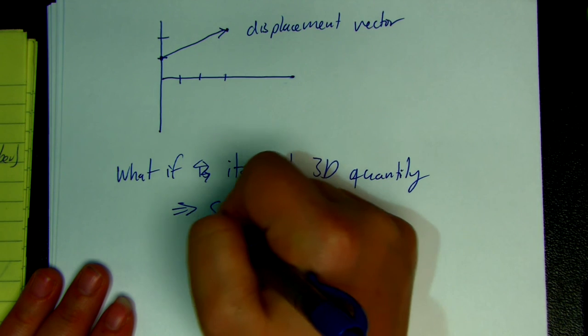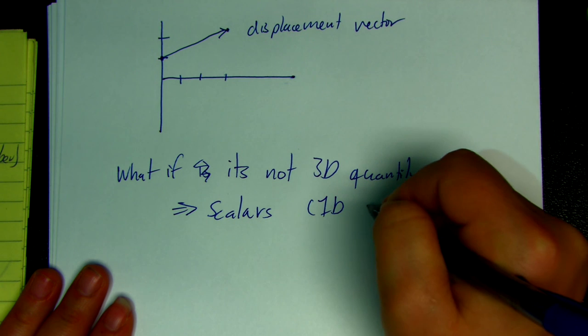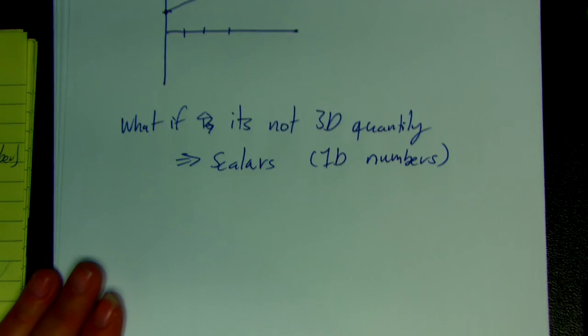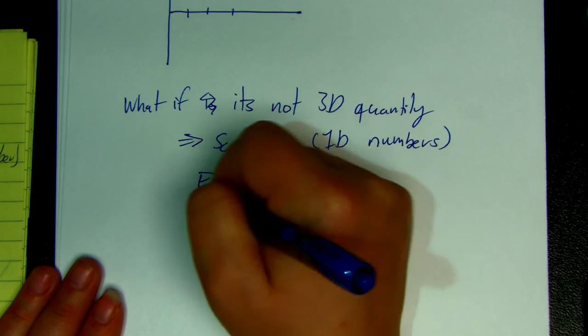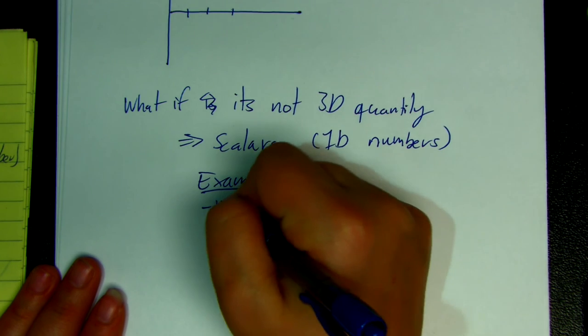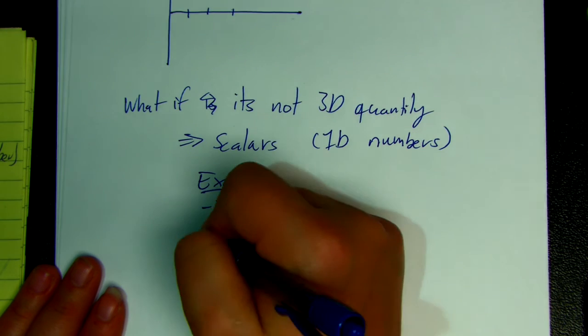Then we have what's known as a scalar. And these are one-dimensional numbers. So some examples of scalar quantities. So these are just, they have values, but not direction. So mass, you don't have mass in y.